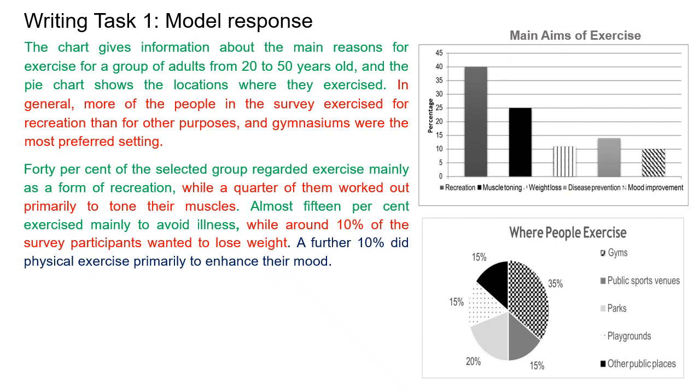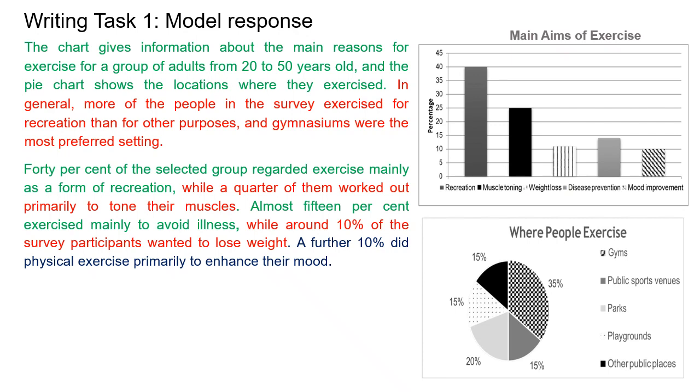Now, the paragraph for the bar chart has 3 sentences. The first 2 sentences are comparative sentences in keeping with the task instruction that says that you should make comparisons where relevant.